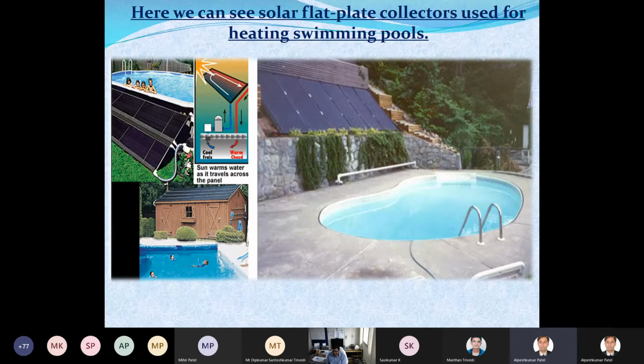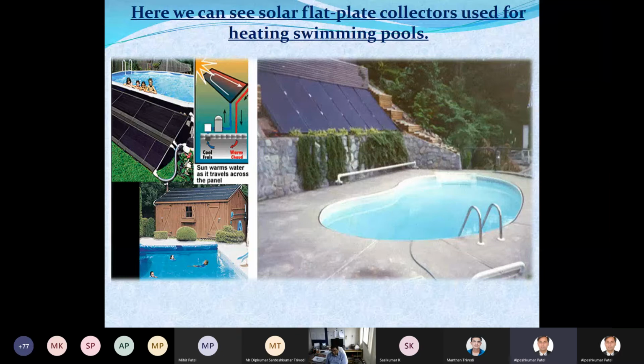Take the example of the IIT Roorkee campus. We have a very good swimming pool here, and even 15-20 years back we worked on this, because in the winter season that swimming pool is closed because of the weather conditions. Professor Alpesh is there and you can see that.